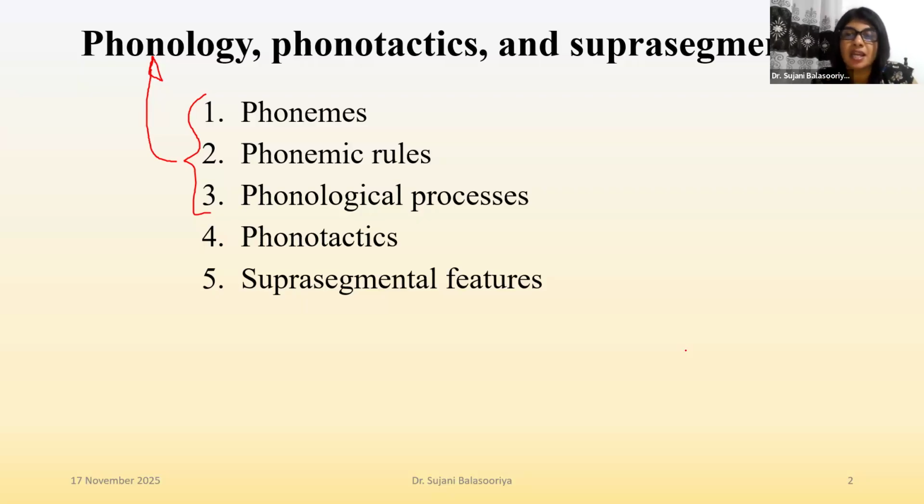So there we talk about how we can combine the sounds together in meaningful ways. Otherwise, we can combine human speech sounds in many ways, no? But if our listener can't understand what we say, then these combinations are meaningless, right? So here, always remember, in phonology, we study how to express a meaning by combining different speech sounds together.